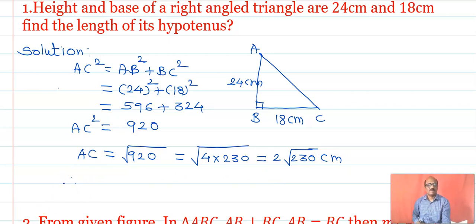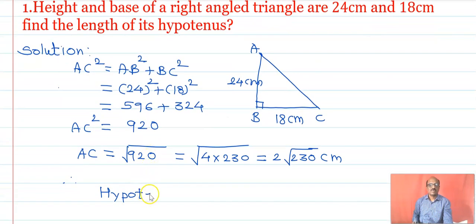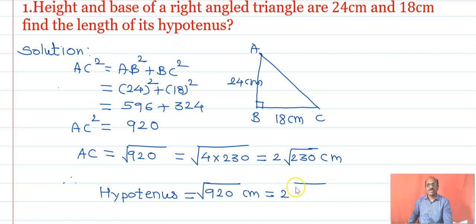And therefore, the hypotenuse is equal to root of 920 centimeter, or you may have it like this, that is 2 into root of 230 centimeter, and this is the answer. मला ते जसं पाहिजे असेल त्या फ्रेम मध्ये आणि रूट ऑफ 920 लिहिलं तरी तिथे चालू शकते.